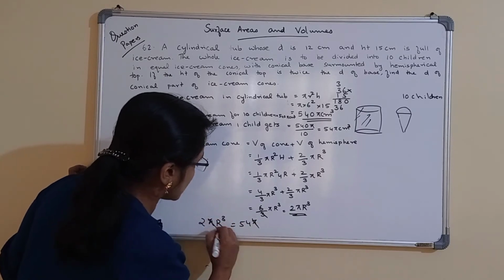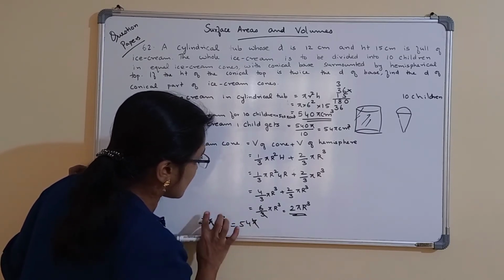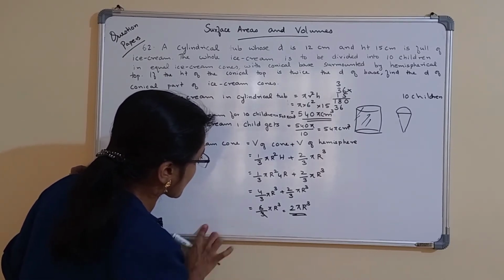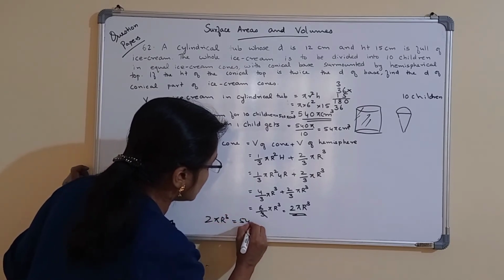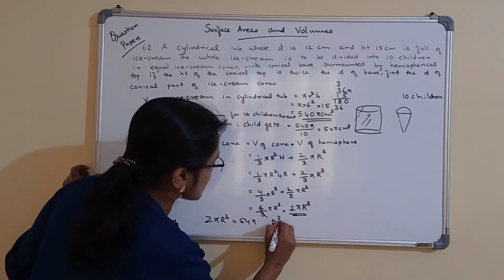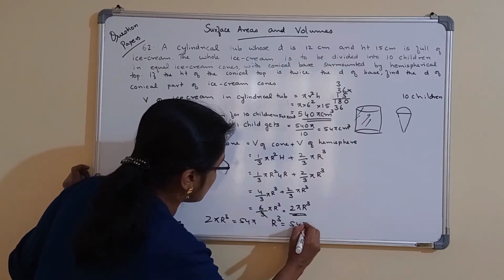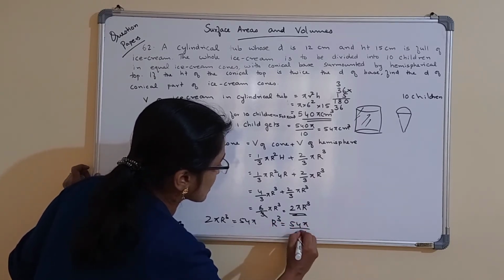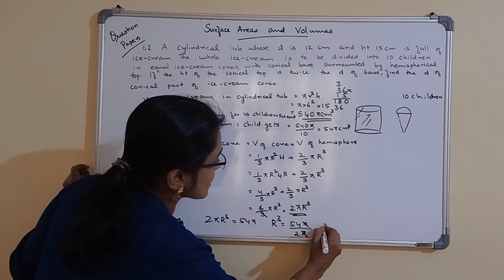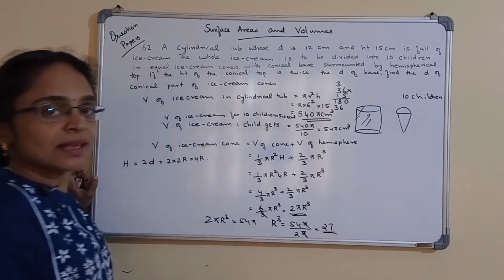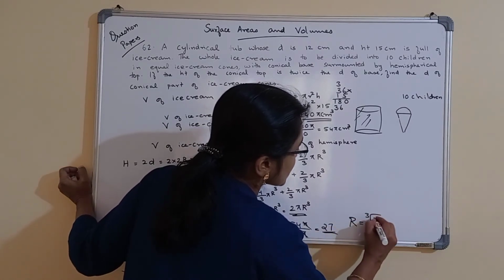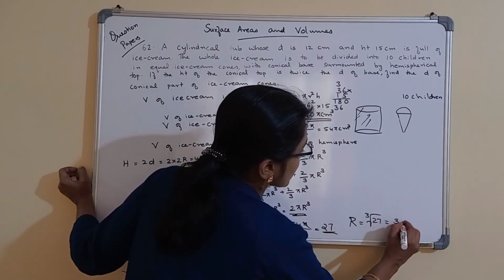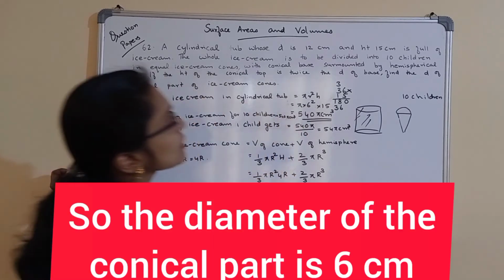Pi and pi will get cancelled, so r cube is equal to 54 pi by 2 pi, and we have this as 27. So r is equal to cube root of 27, which is equal to 3 centimeter.